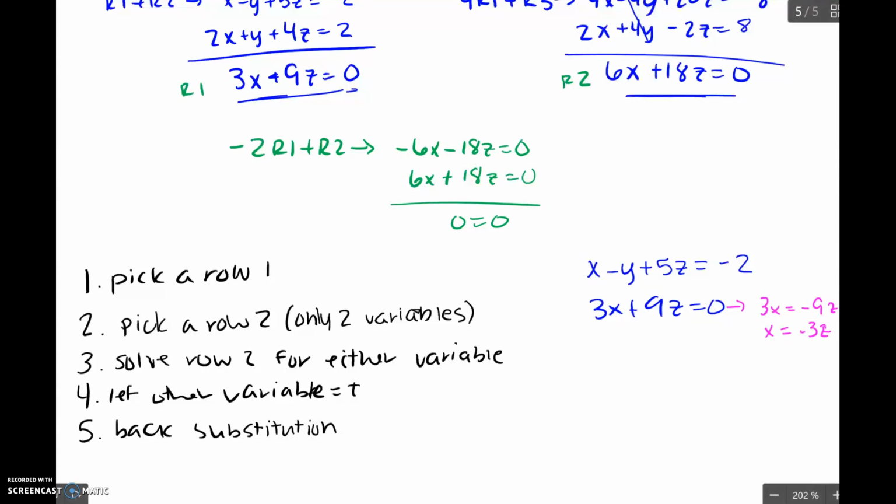I solved it for x, so I'm going to let z equal t. As I've said over and over, it doesn't matter which one you do. I could have made 9z equals negative 3x, then divided by 9 and had 1/3, and that would still work. You just have to substitute fractions in.